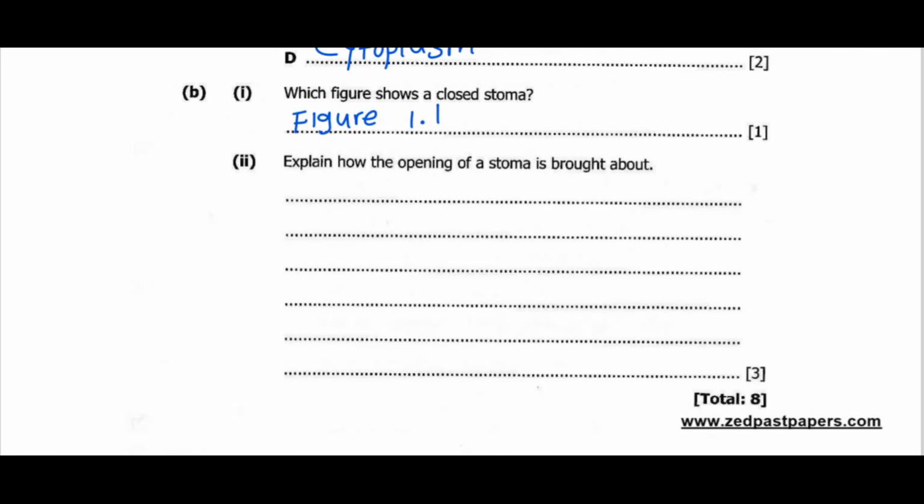So whenever we look at the stomata, these are openings found mostly on the lower part of leaves, and their main function is where the exit of water vapor and the gases, in fact even the entry of other gases like carbon dioxide occurs. Now we are looking at how the opening of this stomata is brought about.